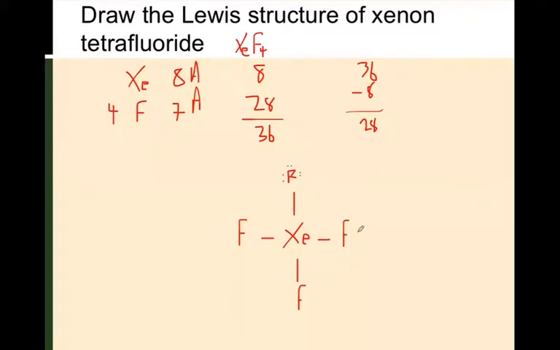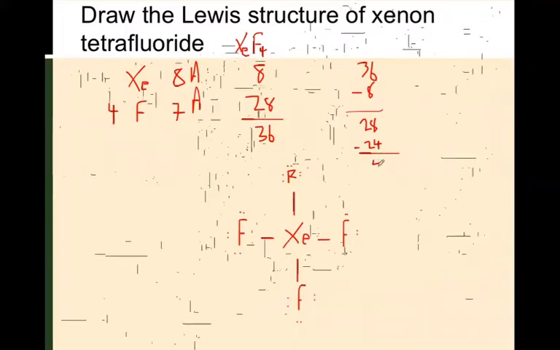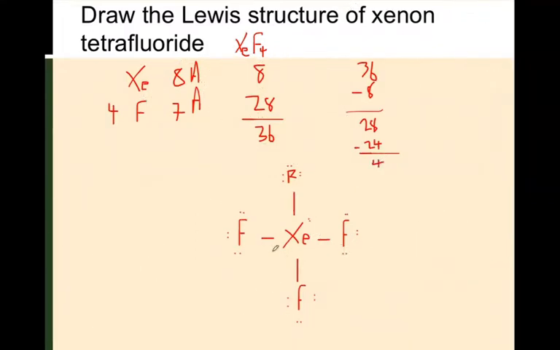Each fluorine gets 6, so 6 times 4 is 24. That leaves us with 4 electrons remaining, so those 4 electrons become lone pairs on the xenon.